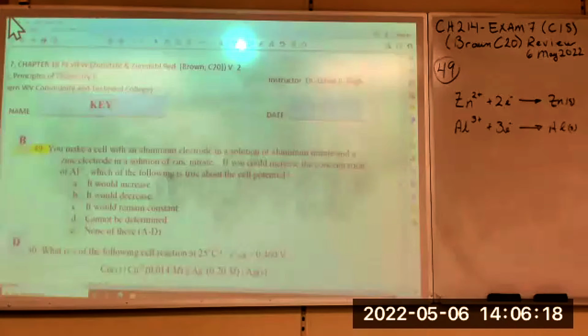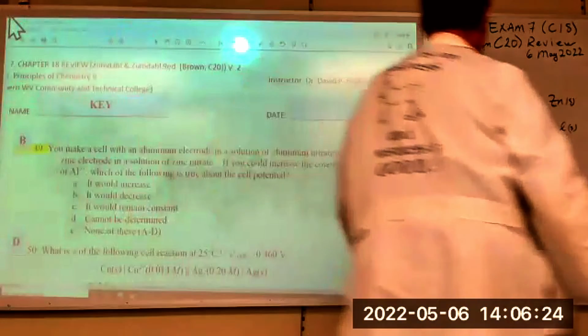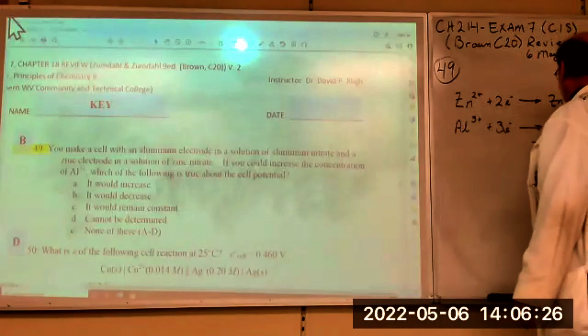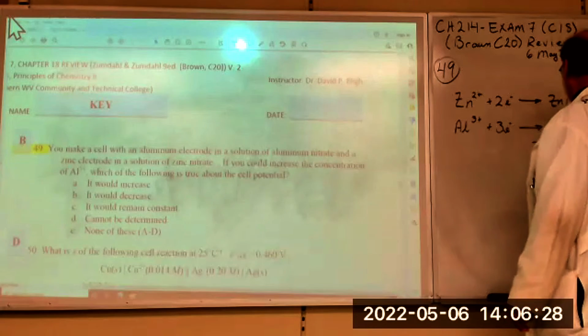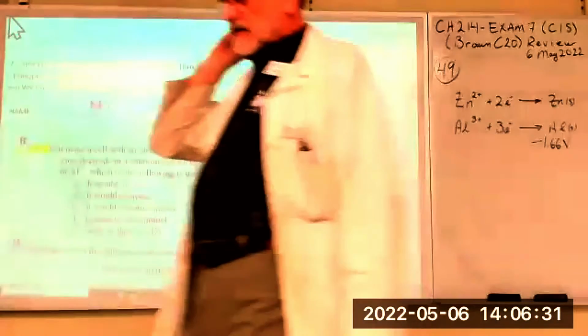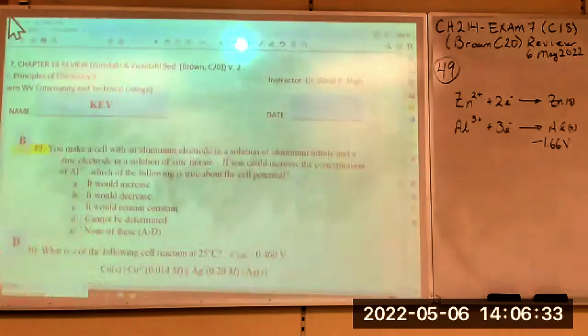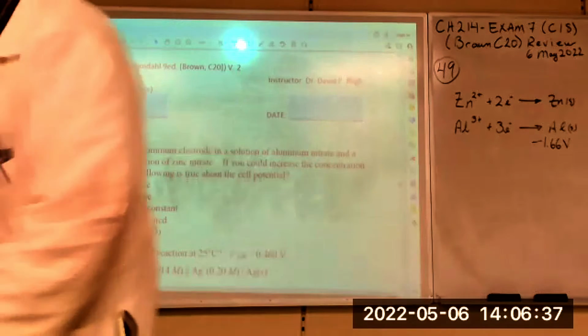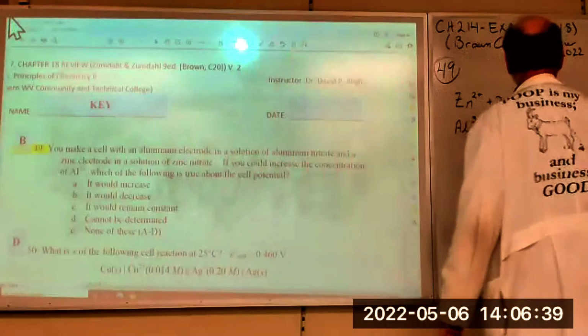So let's find it here. There's aluminum, minus 1.66. Minus 1.66 volts. Reduction potential is minus 0.76.